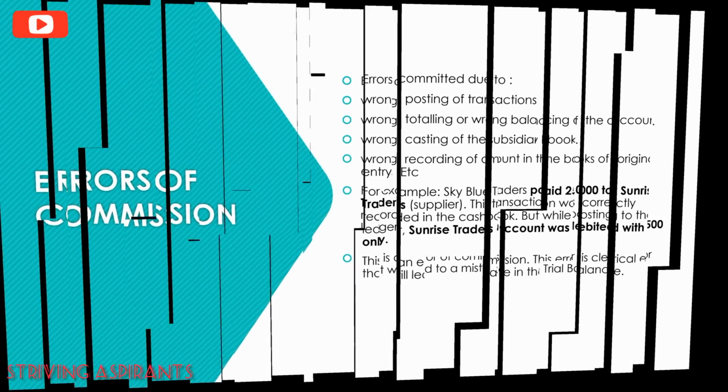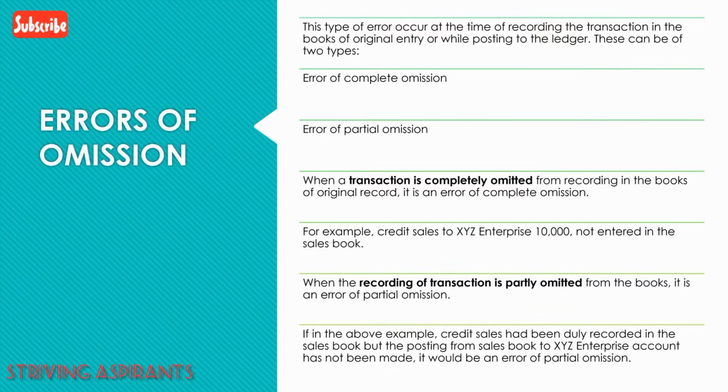Next one is error of omission. This will occur at the time of recording the transaction in the book of original entry, that is the journal entry, or while posting to the ledger. This can be of two types: error of complete omission and error of partial omission.